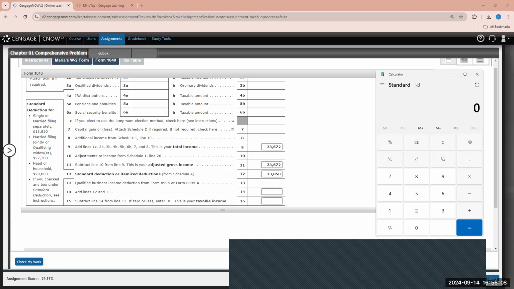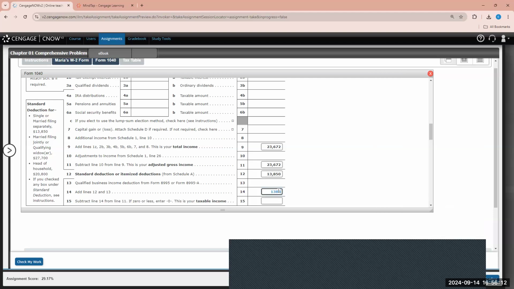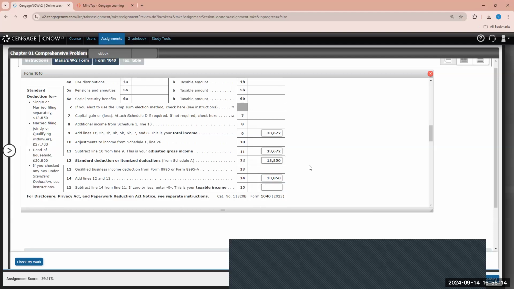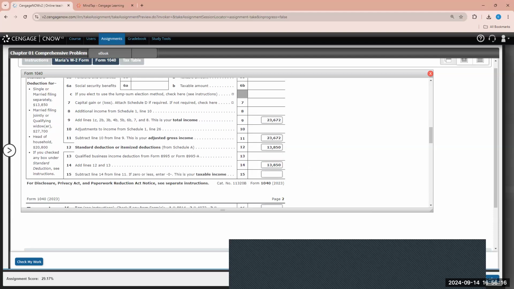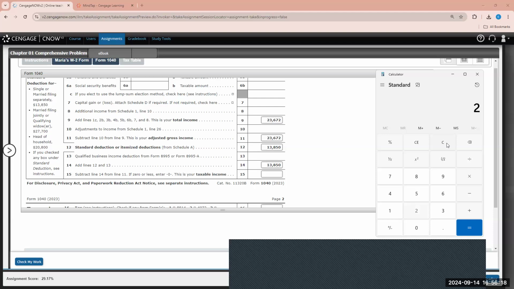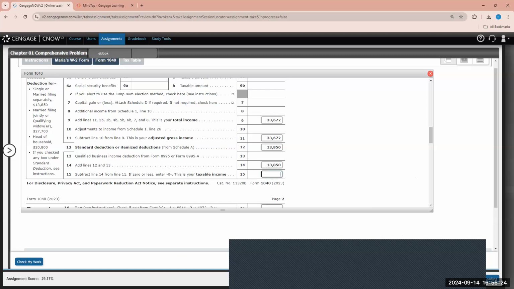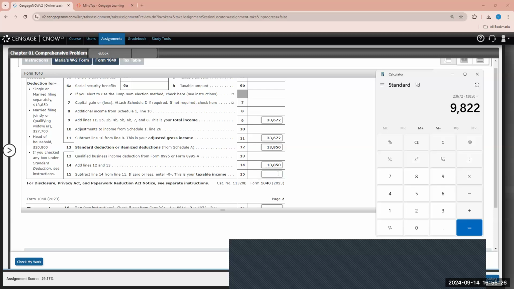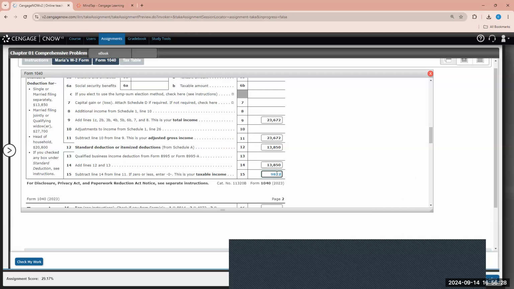For line 14, we need to add lines 12 and 13. 13,850 plus 0 is 13,850. So 23,672 minus 13,850, Maria's taxable income is $9,822.